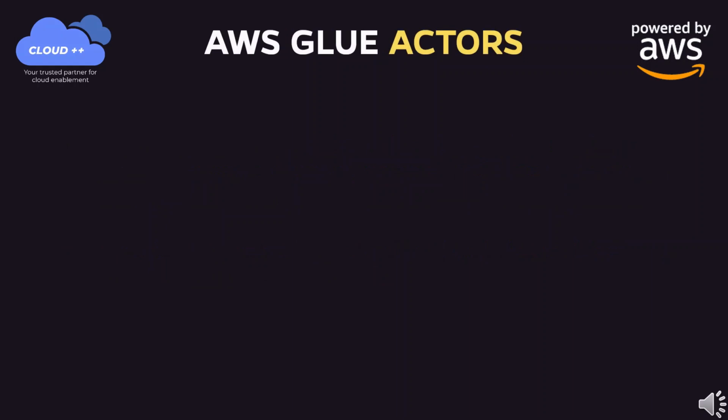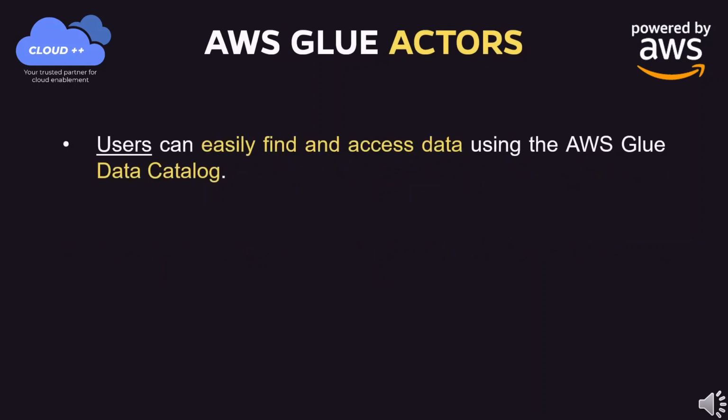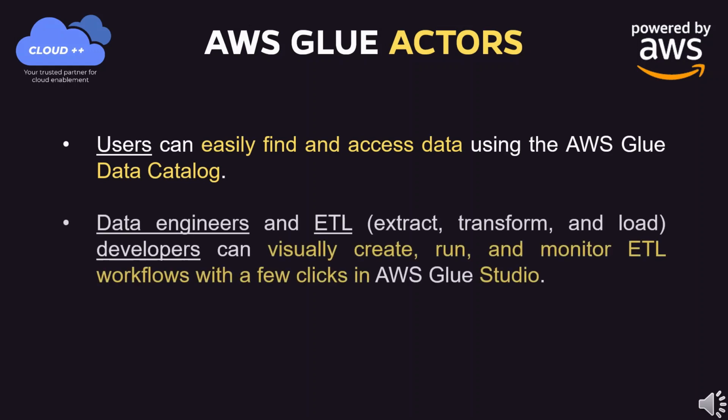AWS Glue Data Catalog: users can easily find and access data using the AWS Glue Data Catalog. Data engineers and ETL, that is, extract, transform, and load developers, can visually create, run, and monitor ETL workflows with a few clicks in AWS Glue Studio.